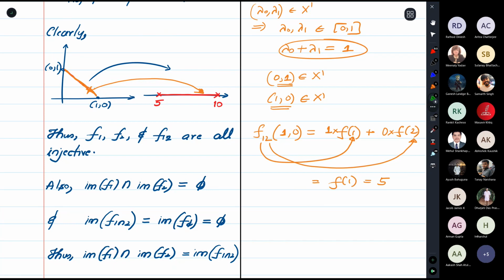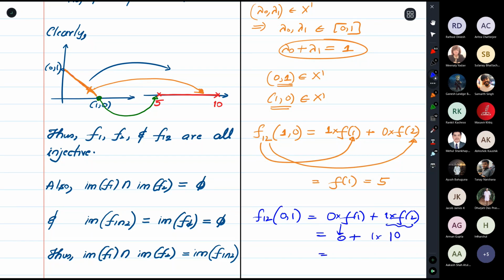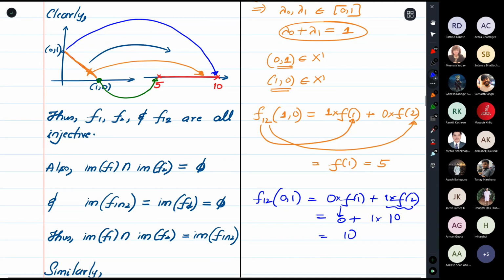So what we have managed to show is that this vector gets mapped to 5. Now similarly, let's understand what f12 of (0, 1) is. This is 0 times f of 1 plus 1 times f of 2, so this will be 0 plus 1 times 10. So this is 10. So this element gets mapped to this 10.